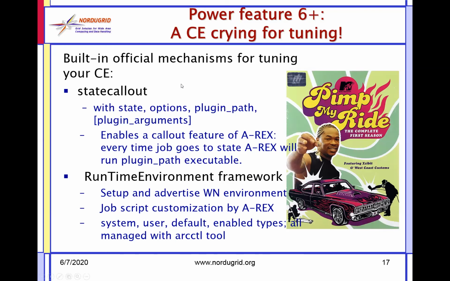You could do things like, depending on the status of a job, you run certain external commands, and then you can either reject, or you can do very clever things with this kind of state callout mechanism. Plus, we got something which is called the runtime environment framework, which gives you a possibility to customize the experiment software environments available on the worker nodes.